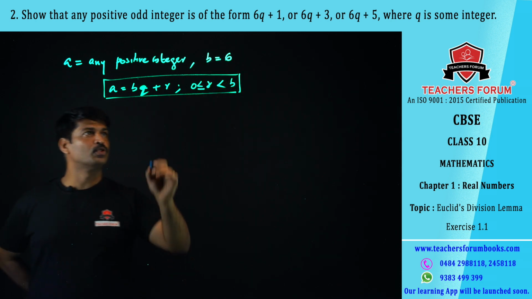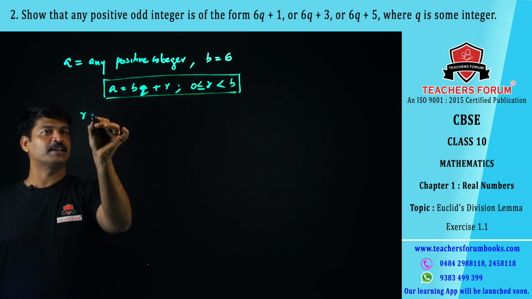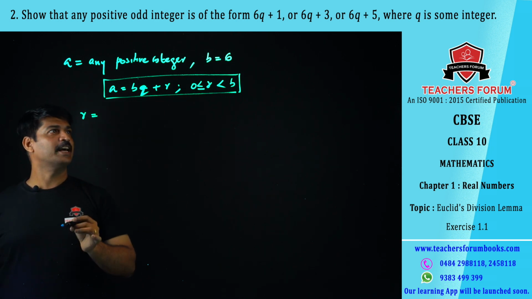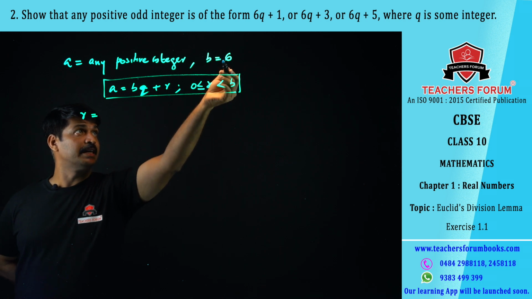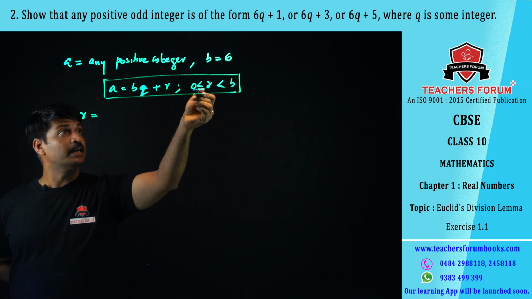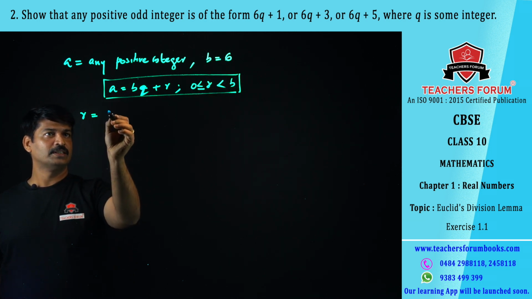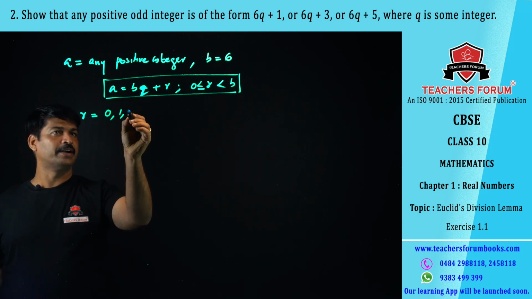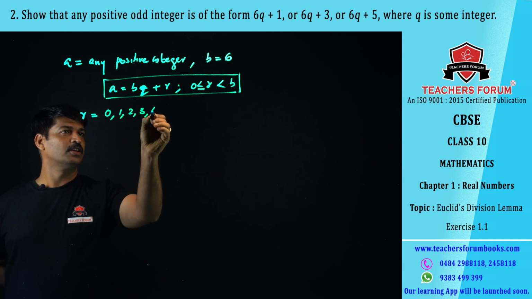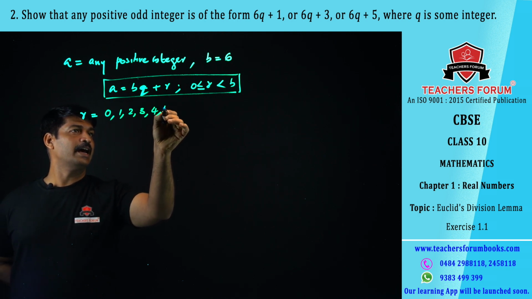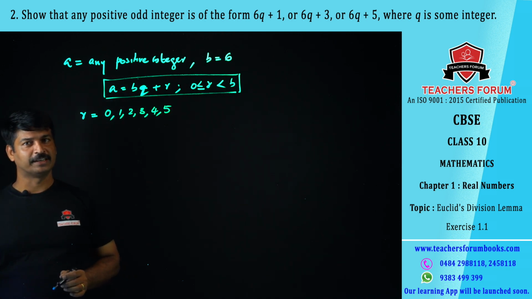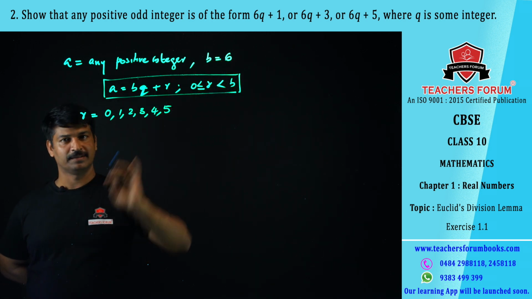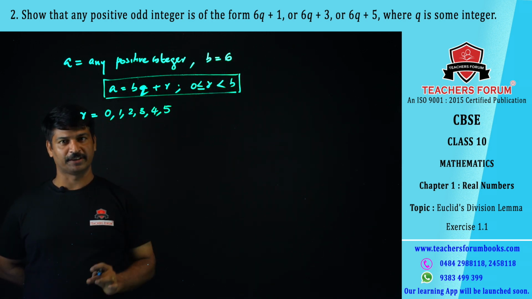So, what are the possible values of remainder r? r is less than 6 and greater than or equal to 0. So, the possible values of r are 0, 1, 2, 3, 4 and 5, because the value of r is less than b.